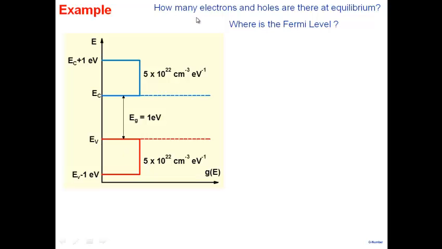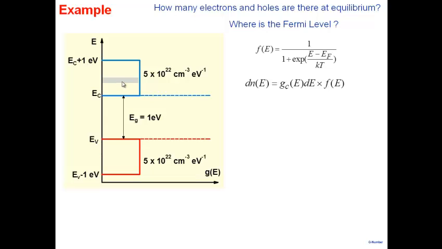So first important question is how many electrons and holes are there at equilibrium? That's the simplest problem that I can think of. Now, how do I do that? This is the Fermi-Dirac function here. So again, remember what it was? Number of electrons at any energy is the density of states, times dE, multiplied by the Fermi-Dirac function. So let's focus on this energy increment dE here.